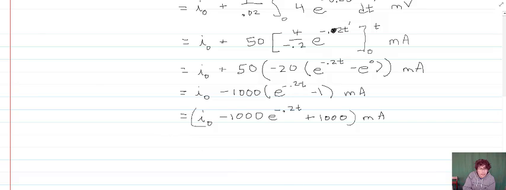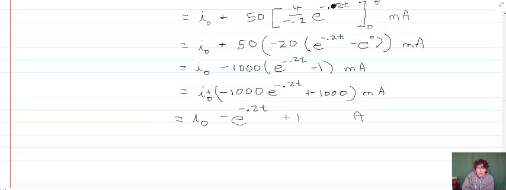If I hadn't put those parentheses in there, the I naught does not have units yet. And so I can divide through by this 1,000, and I have I naught minus e to the minus 0.2t plus 1, and now I can say these are all in amps. I hadn't really said if I naught was milliamps or amps, but now it is amps.